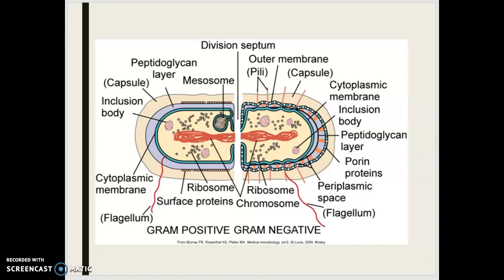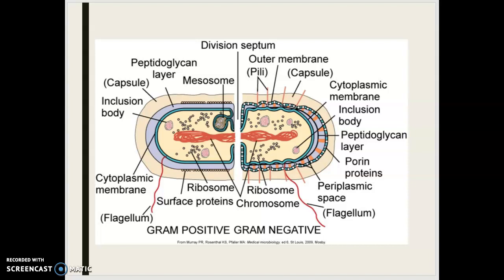And it helps the provider, the clinician, to decide which antibiotic they're going to order for your patient. So gram stain is this laboratory test that's used to divide these bacteria into two groups. Gram-positive bacteria retain the dye, and so they appear a deep violet color under the microscope. And the gram-negative bacteria don't retain the dye, and so they appear red on the slide.